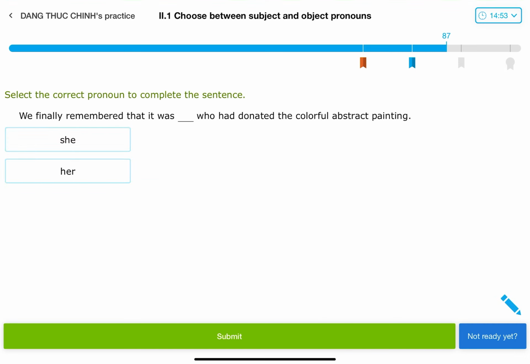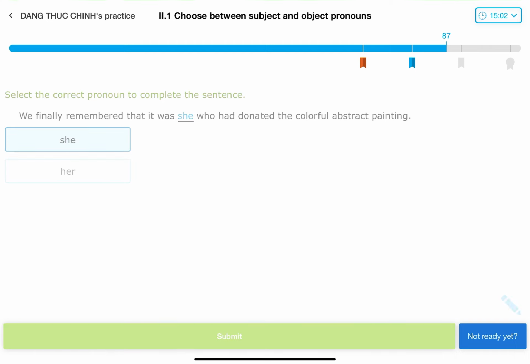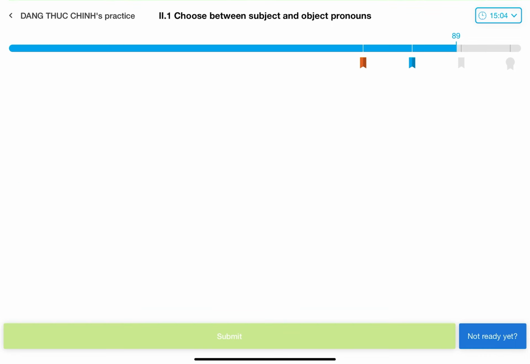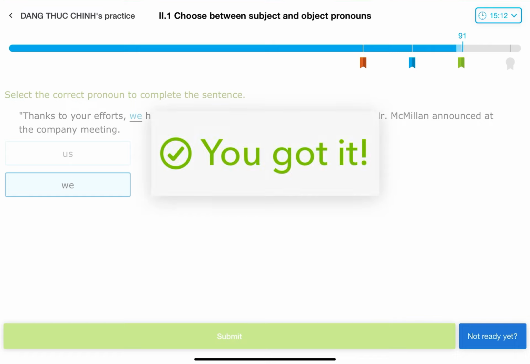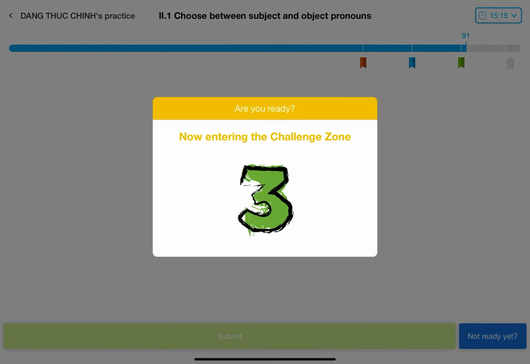Okay, now I think we all got it, so I'm just going to do it. We finally remember that it was she. Thanks to your effort, we have emerged as leaders in the energy industry.